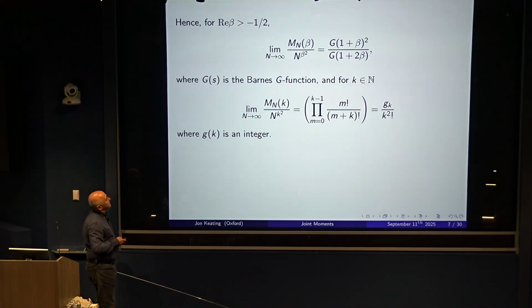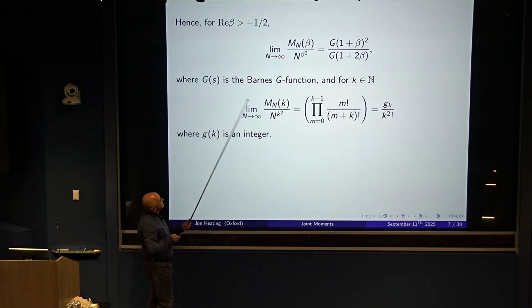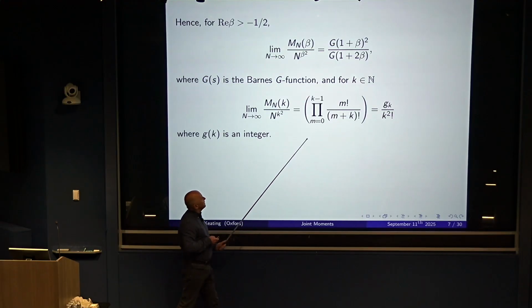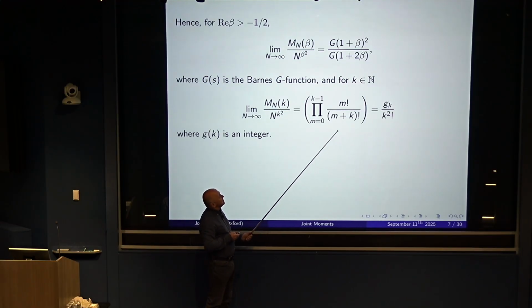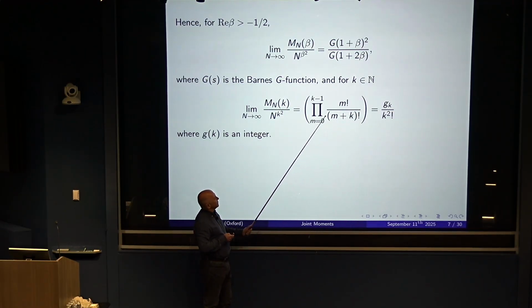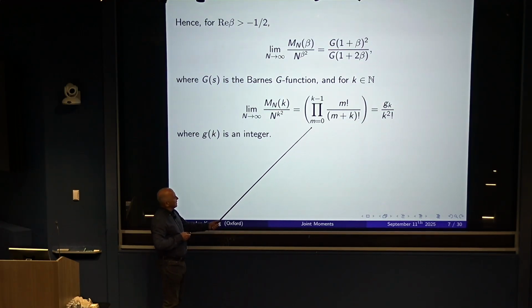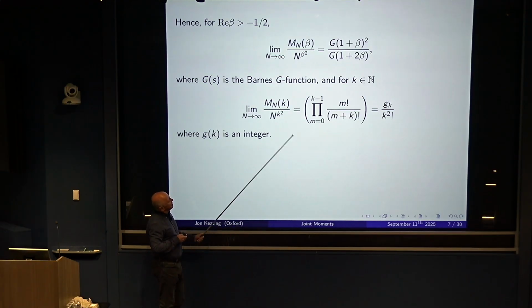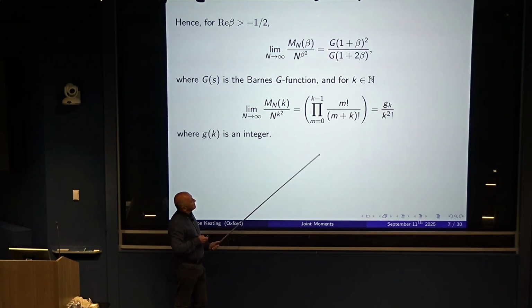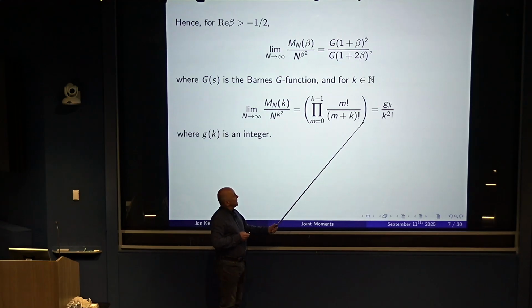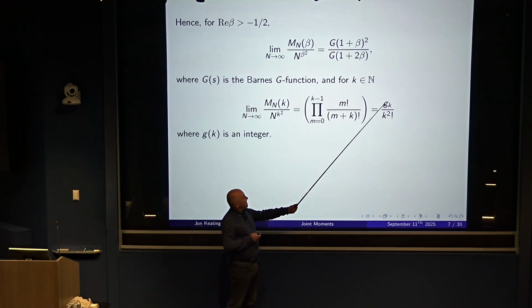If you do restrict to integer moments, so if we take beta to be k, an integer, the Barnes G function simplifies enormously, and you get this product of rational numbers: m factorial over m plus k factorial, product from 0 to k minus 1. This rational number is understood to be such that, if you write it as g_k over k squared factorial, then g_k is an integer.